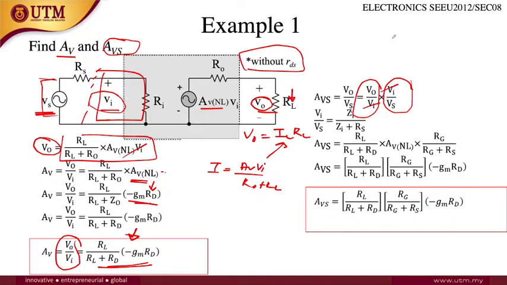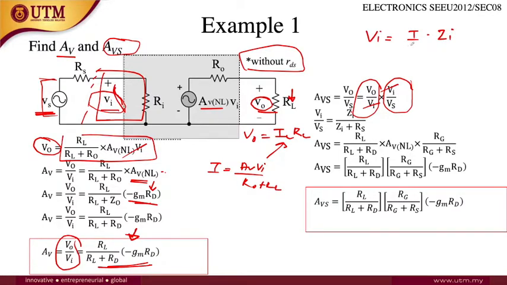At this circuit, VI equals I times ZI, which is the input impedance here.